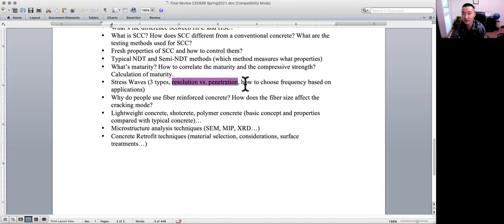And how can we balance these two, how can we choose the frequency based on application? For example, for concrete, we should choose a wavelength similar to the size of the largest coarse aggregate, which in concrete is around 1 inch or 2 inches.